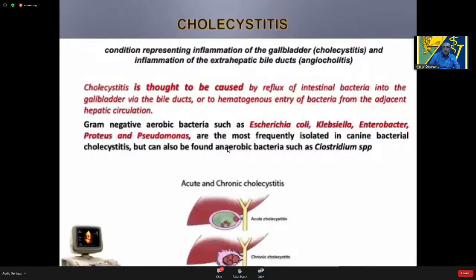But regarding the cholecystitis, it's important to understand and to notice, please keep in mind this idea, it is thought to be caused in very many cases, in accordance to the specific literature, mainly by the reflux of intestinal bacteria into the gallbladder, of course, via the bile ducts, or the hematogenous way is described, the hematogenous entry of the bacteria from the adjacent hepatic circulation.